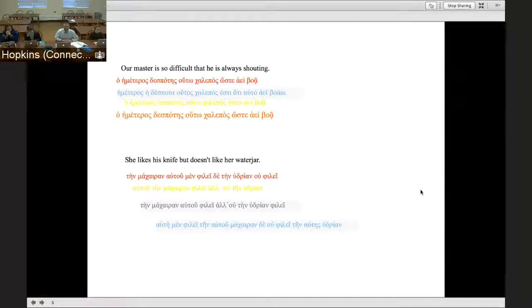But if you want to say she likes the same knife, how do you say that? Filet tain autain machairan. That means the same knife. And if you want to say the knife itself, you say tain machairan autain, and it's in the predicate position. But it's not genitive.